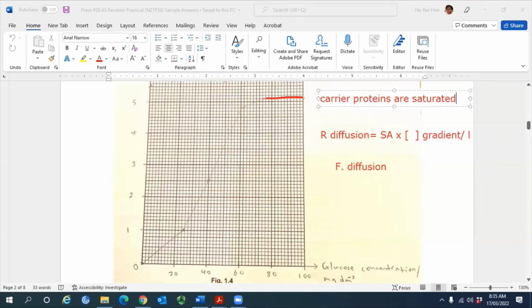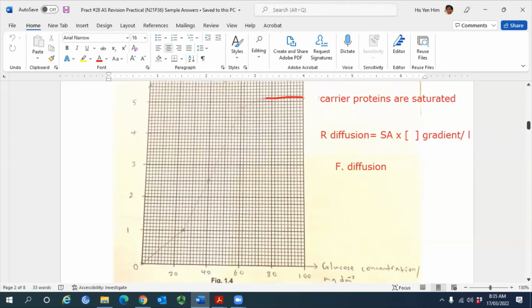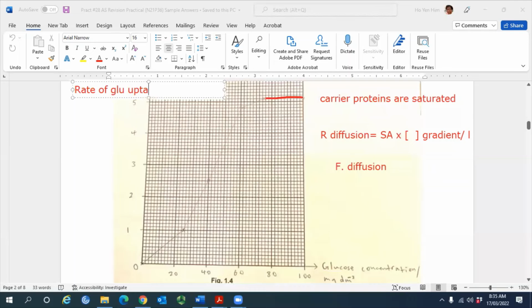Can I say equilibrium is reached? What is this? Glucose uptake rate? No. This y-axis is the rate of glucose uptake. Is the rate of glucose uptake 0?